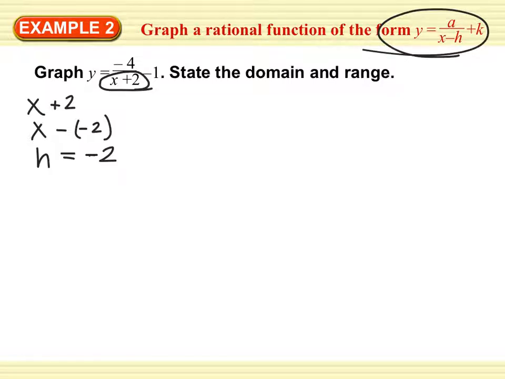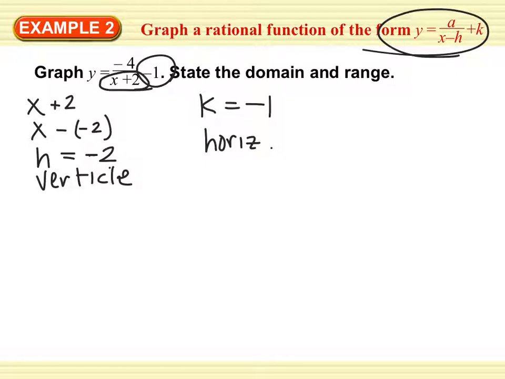That is my vertical asymptote. If we look at this one right here, I have k equals negative 1. That is the horizontal asymptote.